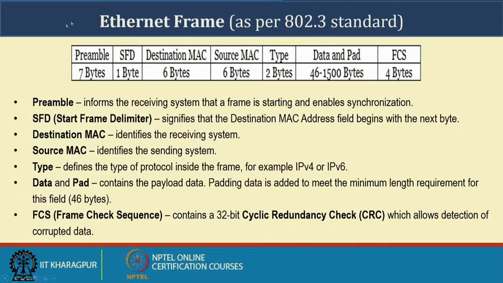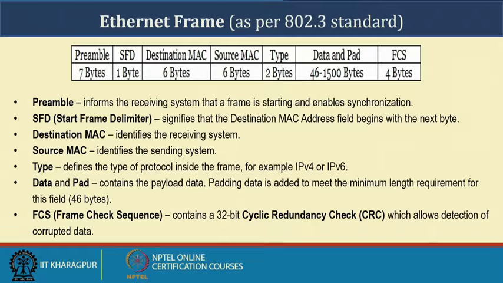The preamble informs the receiving system that a frame is starting and enables synchronization. SDF, or the start frame delimiter, signifies that the destination MAC address field begins at the next byte.